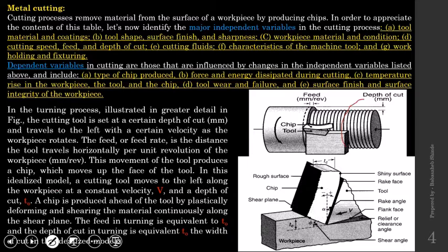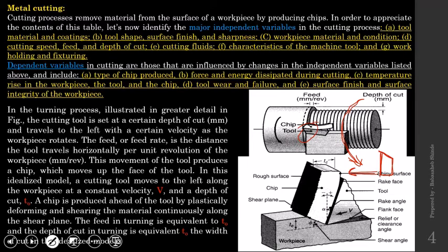The workpiece is provided with the rotary motion. The cutting tool has been shown over here, but for better understanding, I am drawing it here again. So the workpiece is rotating, and the cutting tool is going to move in this direction to remove the layer from the work surface.